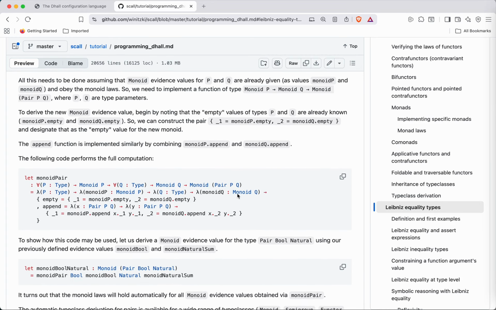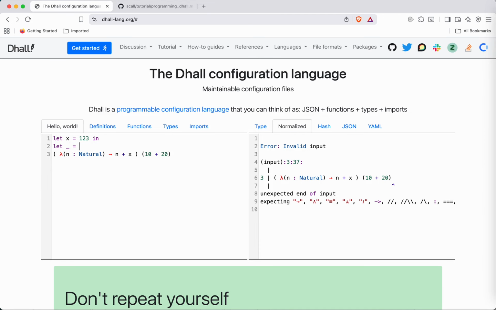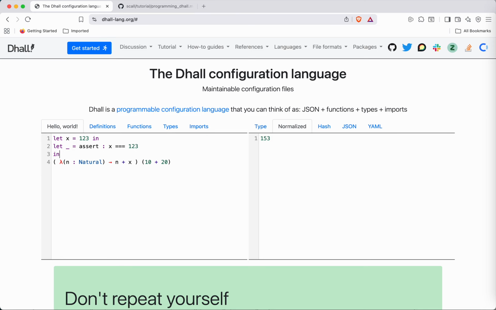Dhall language has a feature where you can say, I want to assert that x is equal to 123, and that assertion will be checked, and if I have a wrong number here, then the entire program will fail to type check.